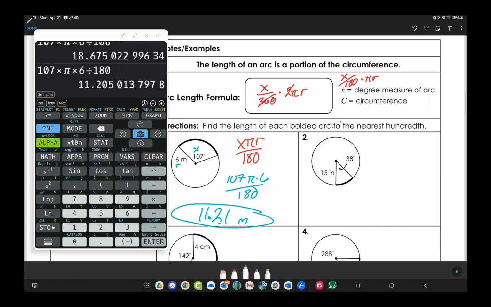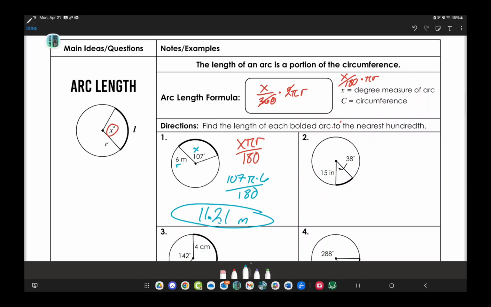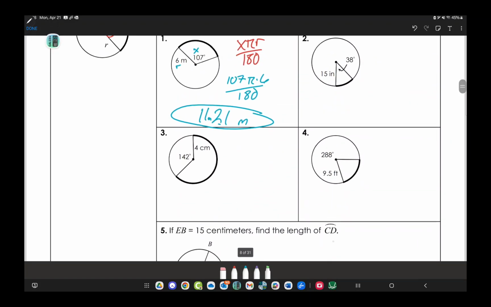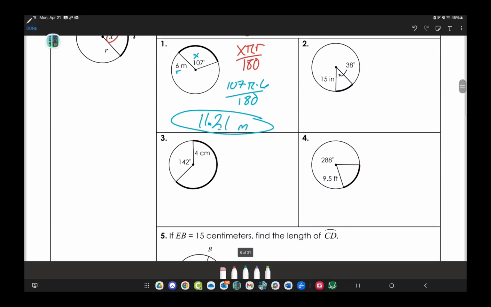All right. So really, there's not much point. I mean, number 2 is the same. Number 3, let's look at number 3. Because here they don't give us the central angle that we need. We need this angle here. So we're going to do 360 minus 142. So that gives you 218.